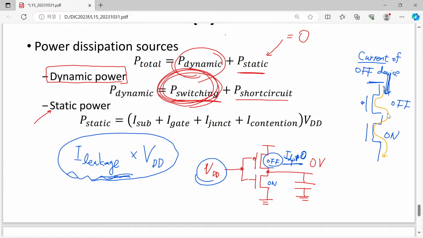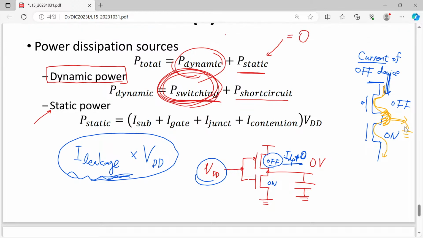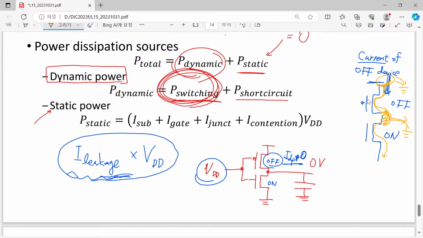For example, here we have the common drain between the NMOSFET and PMOSFET, and let's say we have leakage current to the ground. Then we also have power consumption like this. Also, even the PMOSFET source can have certain leakage current, and it can also contribute to the power consumption.